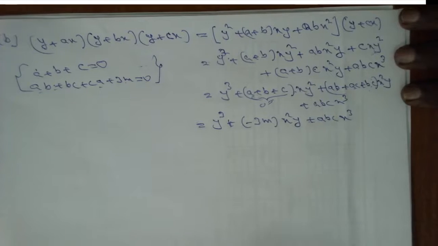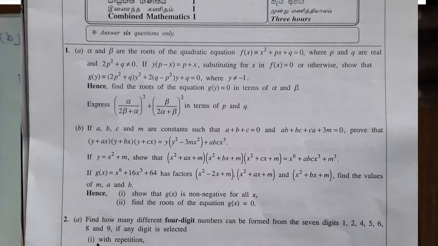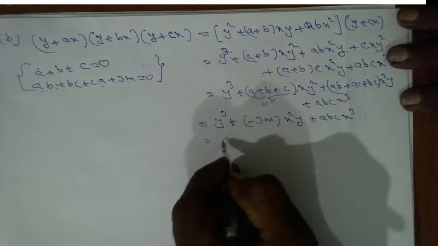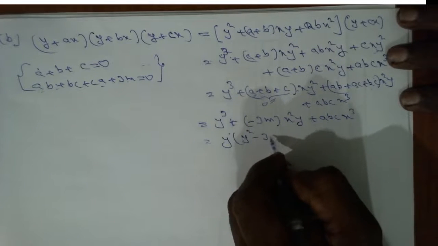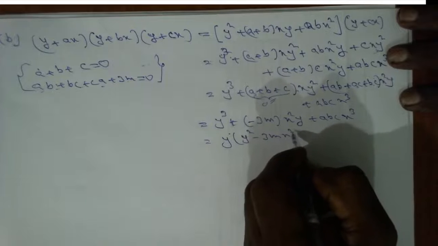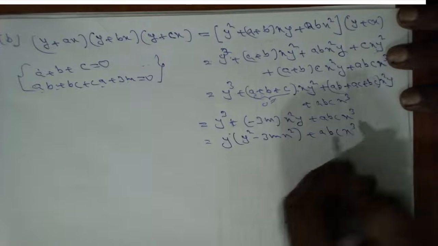equals 0. But in this equation you can take y out, abc x cube, right. Now you can take y out from this: y squared minus 3mx squared plus abc x cube.